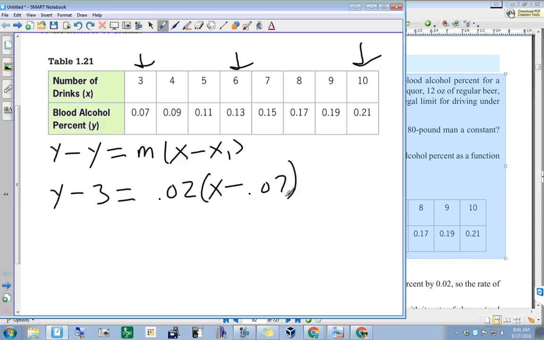Do I have things put in the right spots? Why? That was the first number, I just took the first number. You're right. Always pay attention to what's x and y.